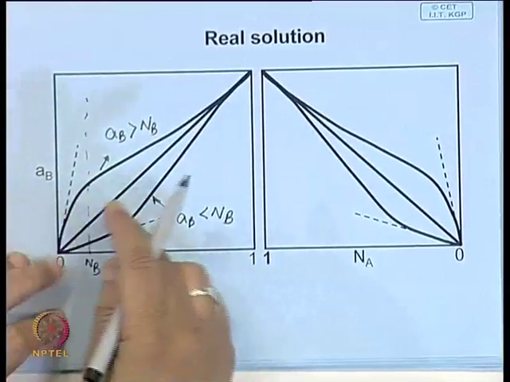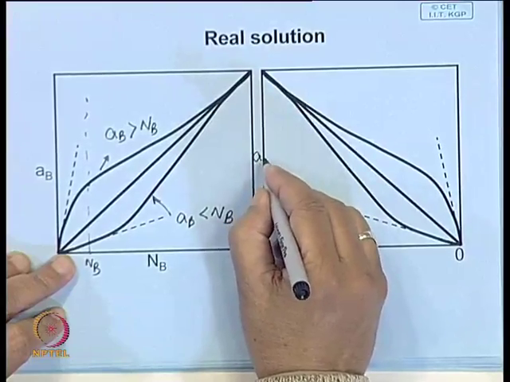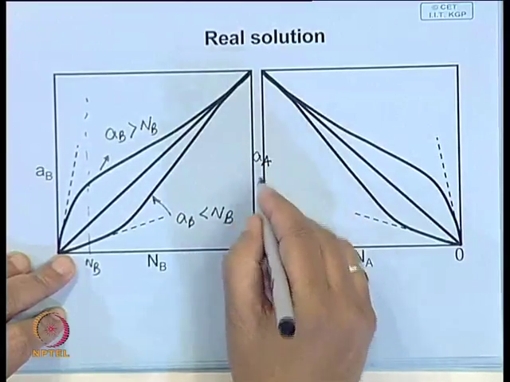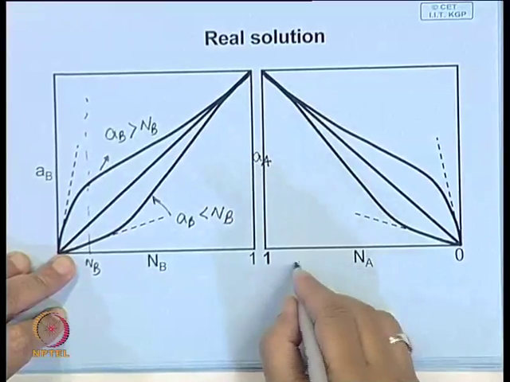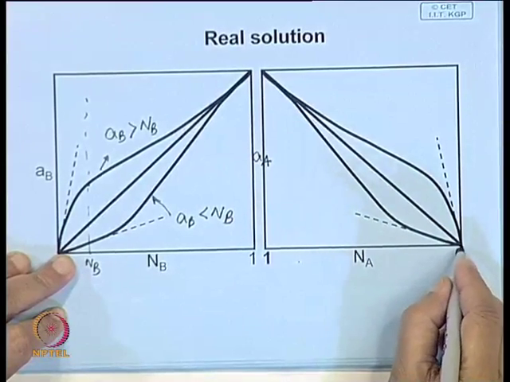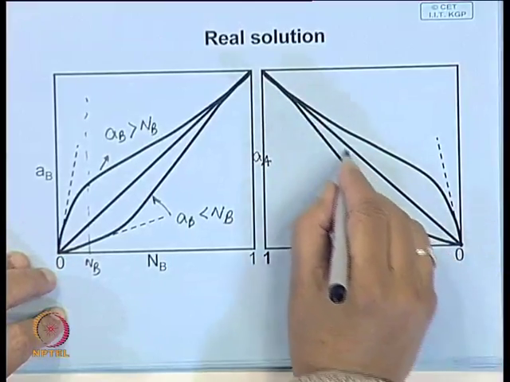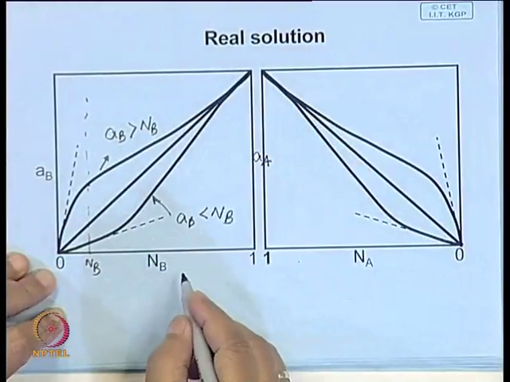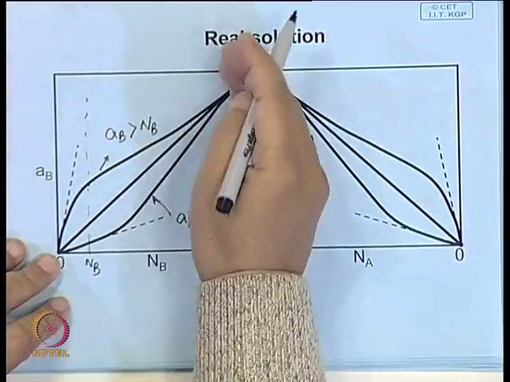In the same way, you can also plot activity of A in this axis and atom fraction N here. So, in that case atom fraction here is 0 and here the ideal solution curve is like this. Now, whenever there is a deviation, you can still make approximations at the two ends.